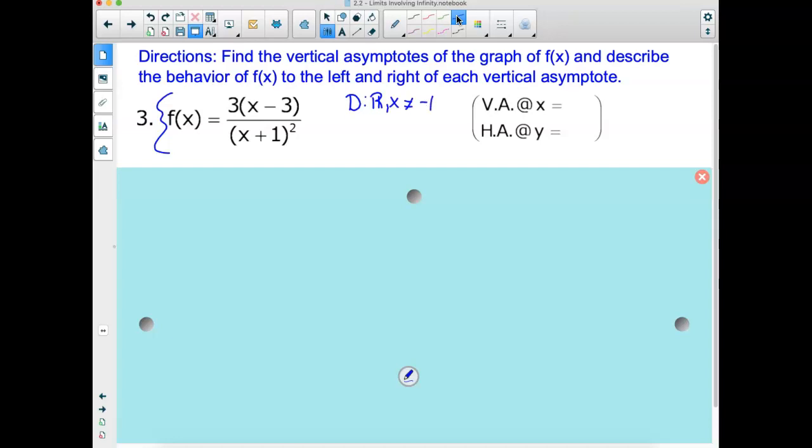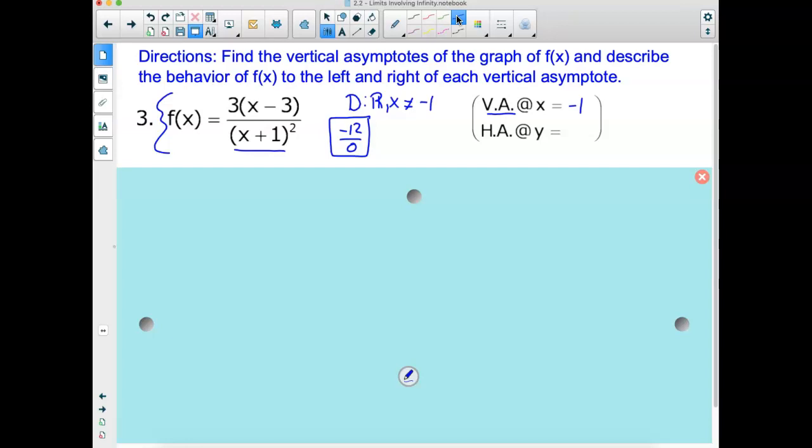Why am I saying that? Because negative 1 gets me the 0 denominator. And if I plug negative 1 in here, what do I get? I get negative 12 over 0, which, a number over 0, tells me vertical asymptote at x equals negative 1. It's exactly what that tells me, okay?